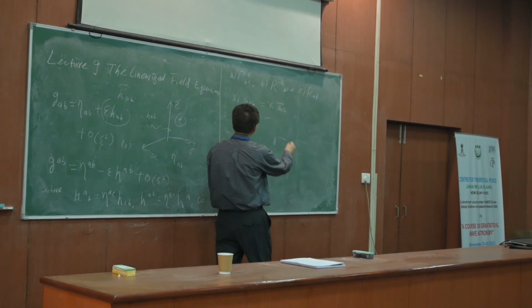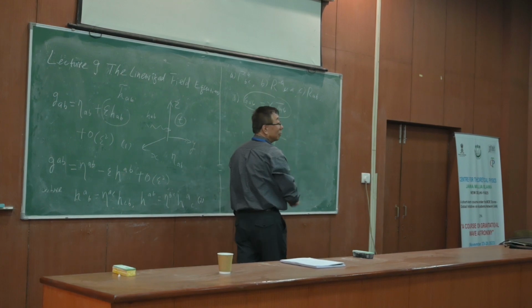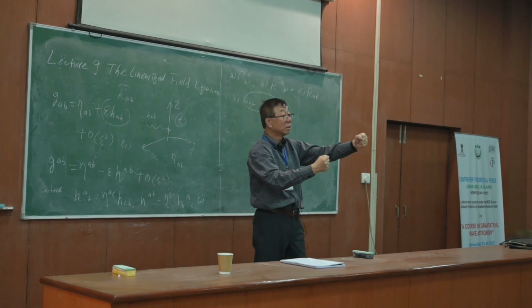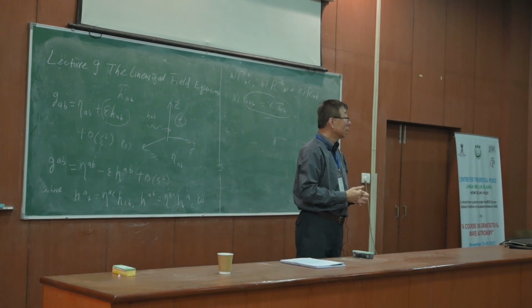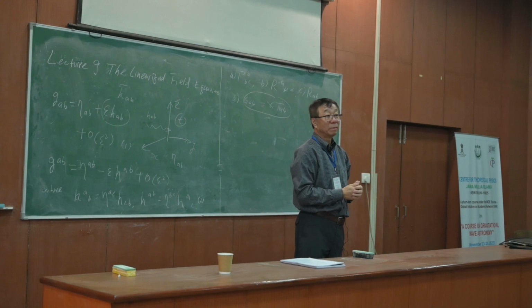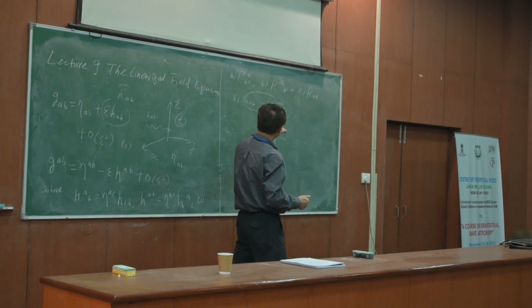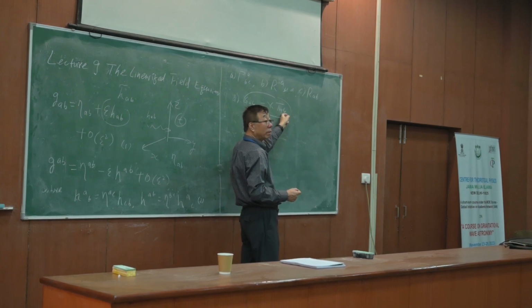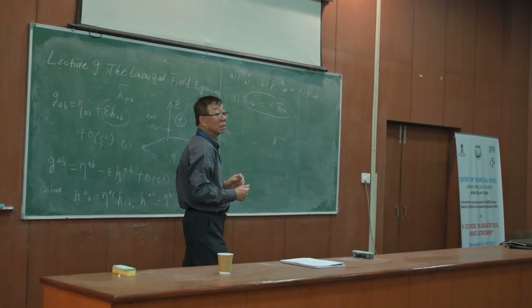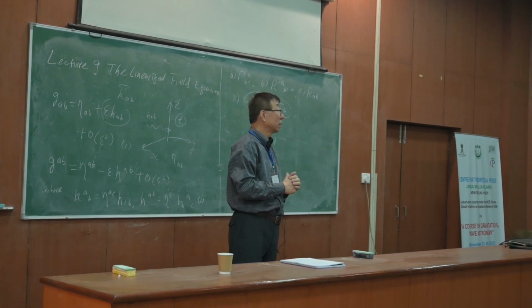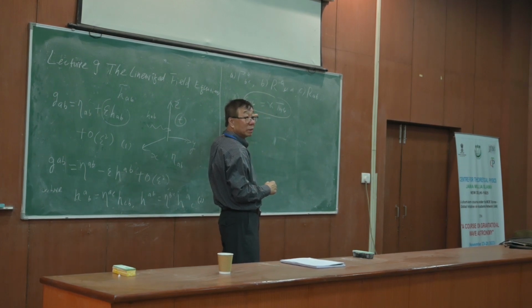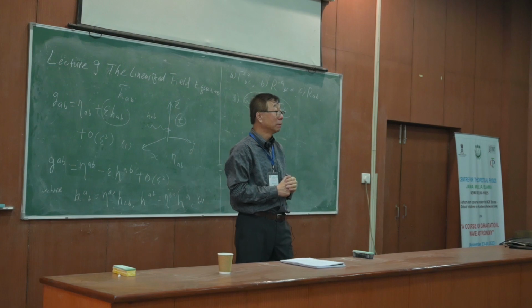I put it here to find the source, for example two binary black holes or binary neutron stars. So now we can connect the gravitational wave with the source. Then we get a linear gravitational wave and its source. This is our strategy. Any question about this part?